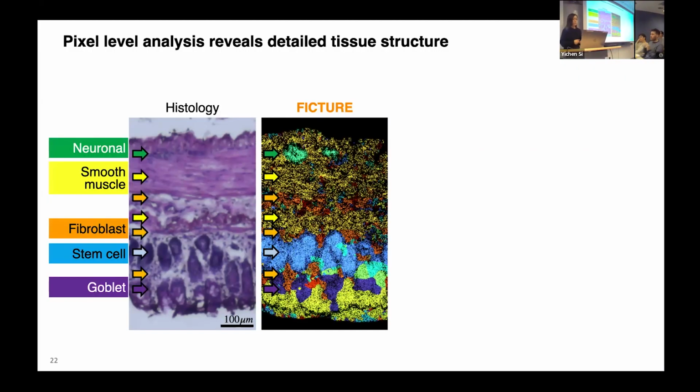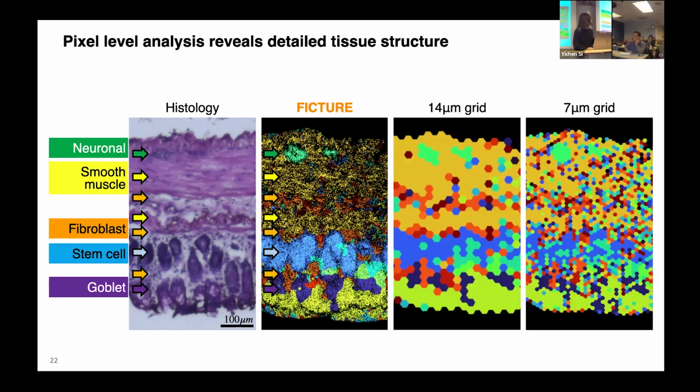On the left is the histology, which shows distinct layers of the colon tissue. On the right is FICTURE pixel level assignment. So we see clearly the smooth muscle, fibroblasts in orange, the stem cells and goblet cells are clearly identified, and this green arrow points to the neuronal cells that we see in the smooth muscle layer.